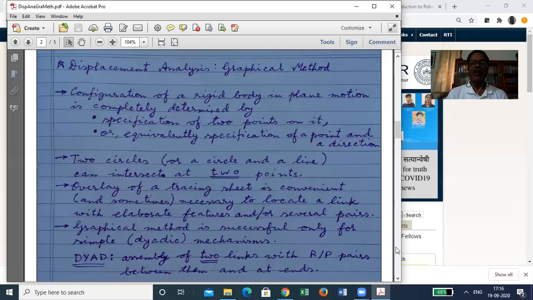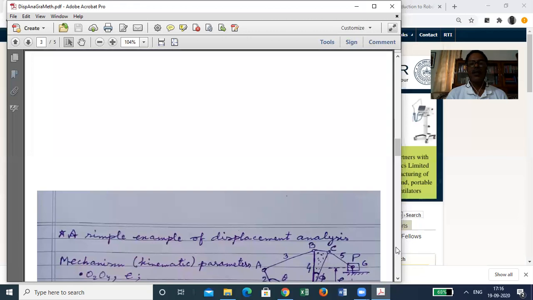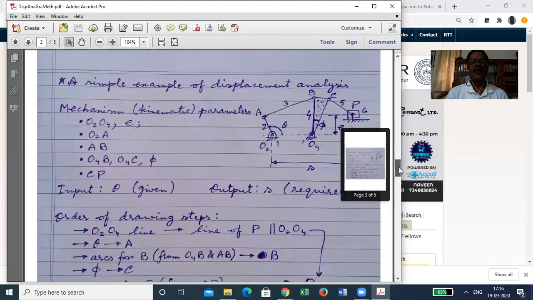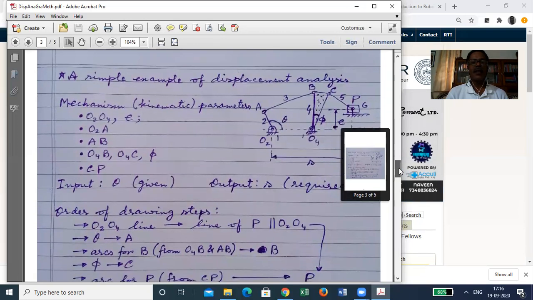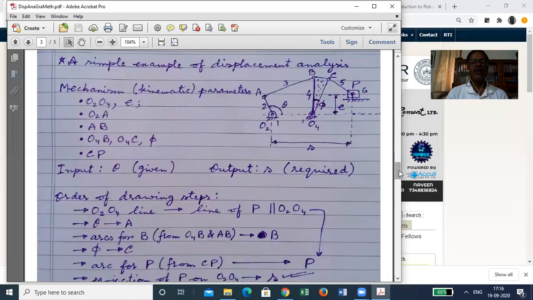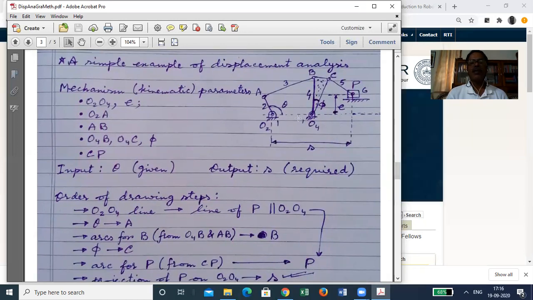Typically, the first example could be very simple, but I have not taken that because the first two examples that come to mind are the 4R linkage and the slider crank. So what I have taken is actually a combination of the two.